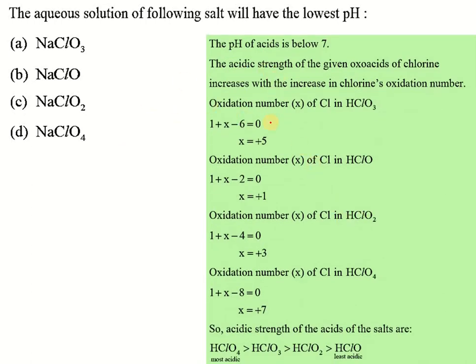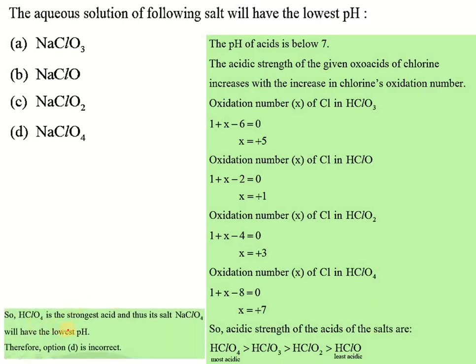In this list, after calculating the oxidation states of the acids formed by these salts, we came to know that the acidic strength is HClO4 greater than HClO3 greater than HClO2 greater than HClO, indicating that HClO4 is the strongest acid, and its salt is also said to give this acid upon hydrolysis, meaning it has the lowest pH value. So sodium perchlorate NaClO4 is the right answer for this one, which shows the lowest pH, highest strength of acid.